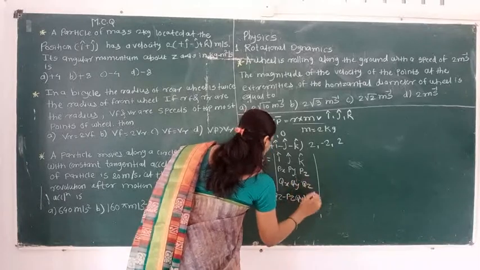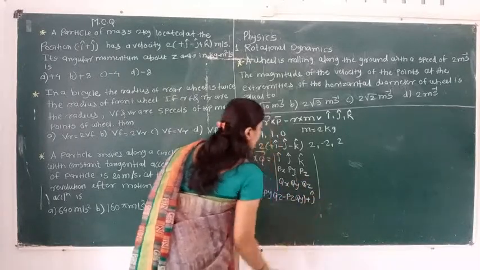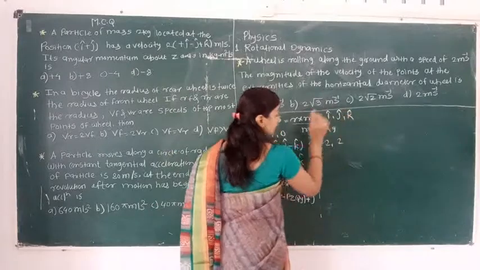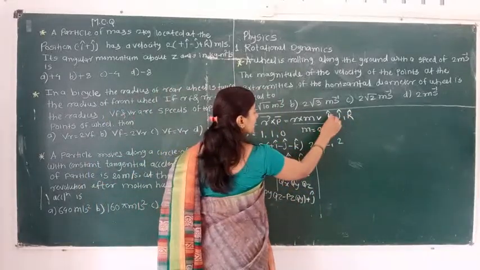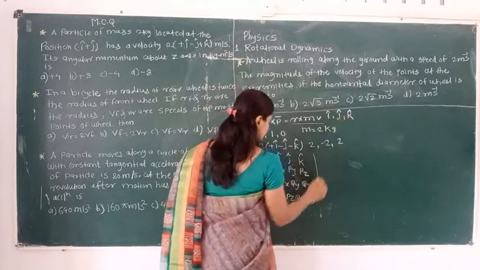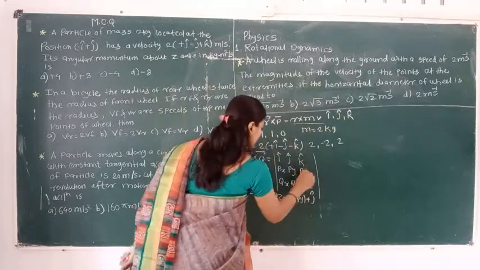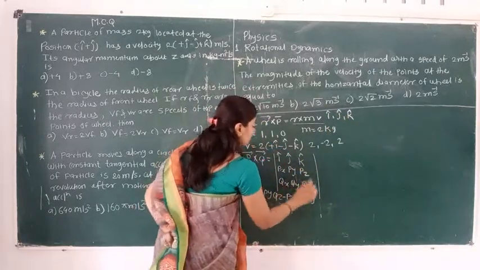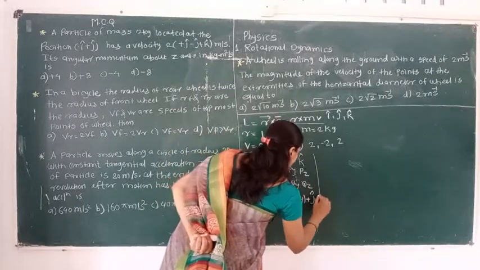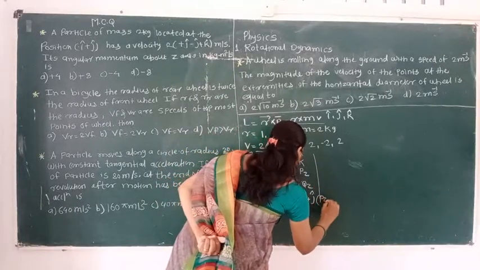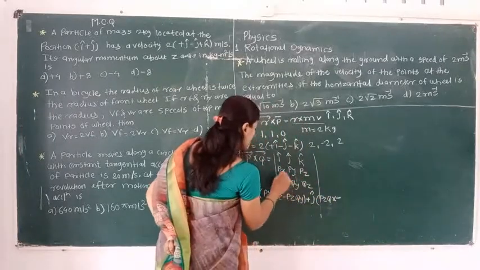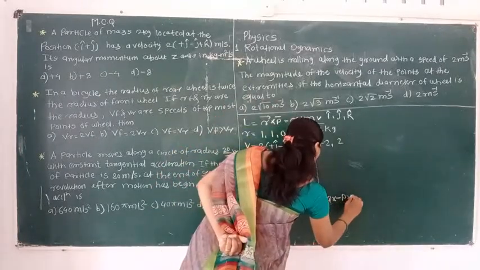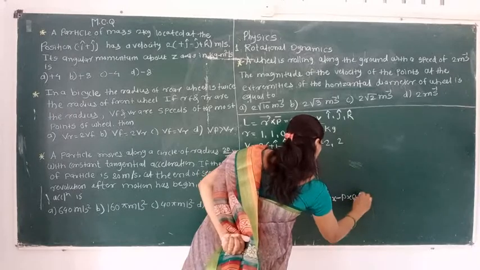When we are solving for j bar, the sequence we know is i, j, k. We have to follow the order. When we are finding for i, then we take j. Then here we take the coordinate of x. So for j: pz into qx minus px into qz.